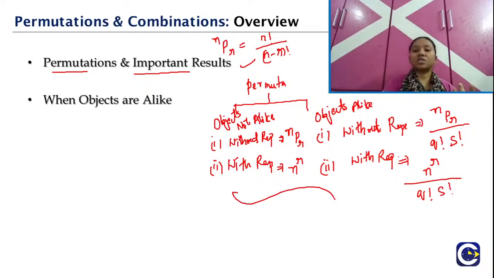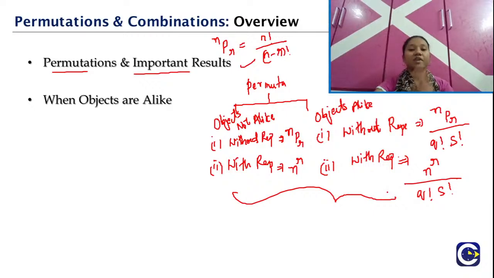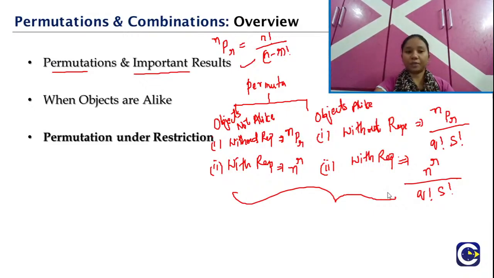So these are the typical cases we discussed in permutations: objects distinct, that is, not alike, and objects alike, with the corresponding cases of with repetition and without repetition.